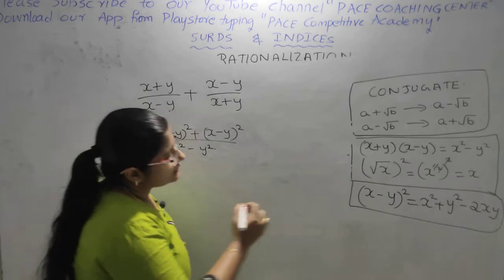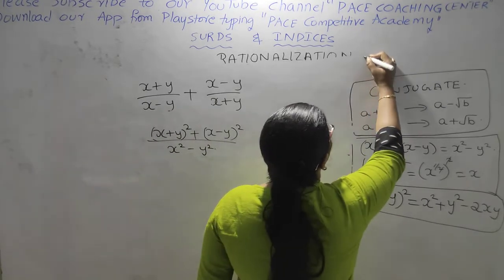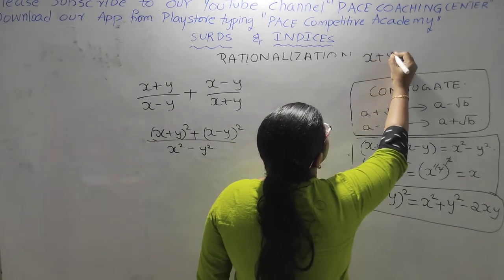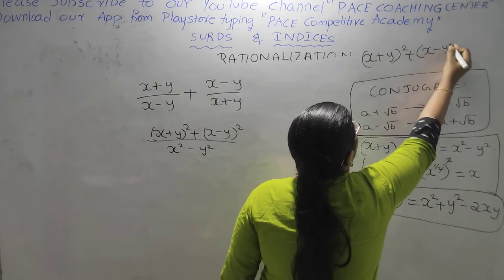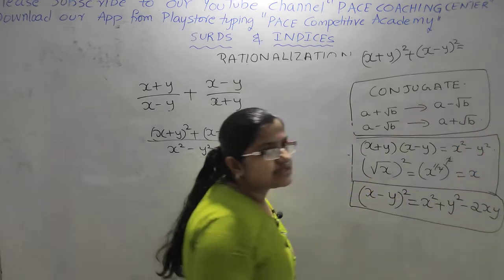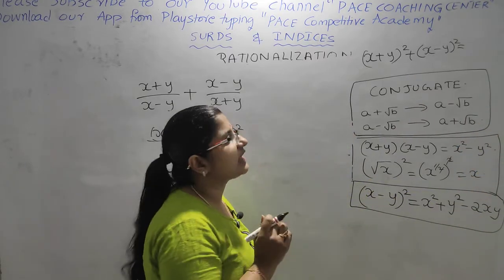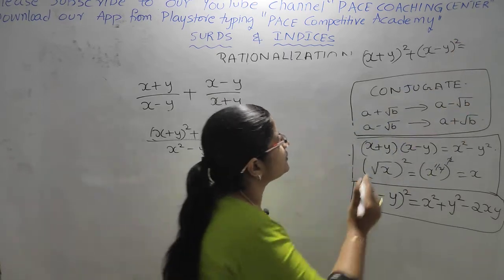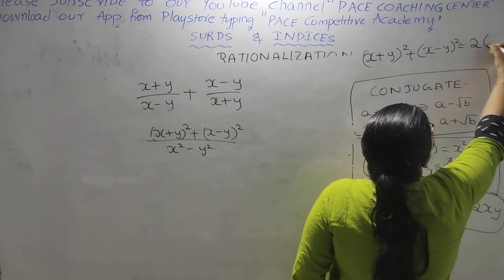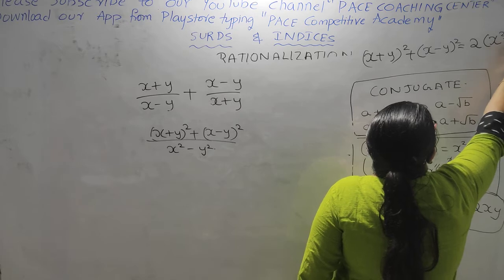You know the formula of x plus y whole square plus x minus y whole square, remember this formula, which is equal to 2 into x square plus y square.